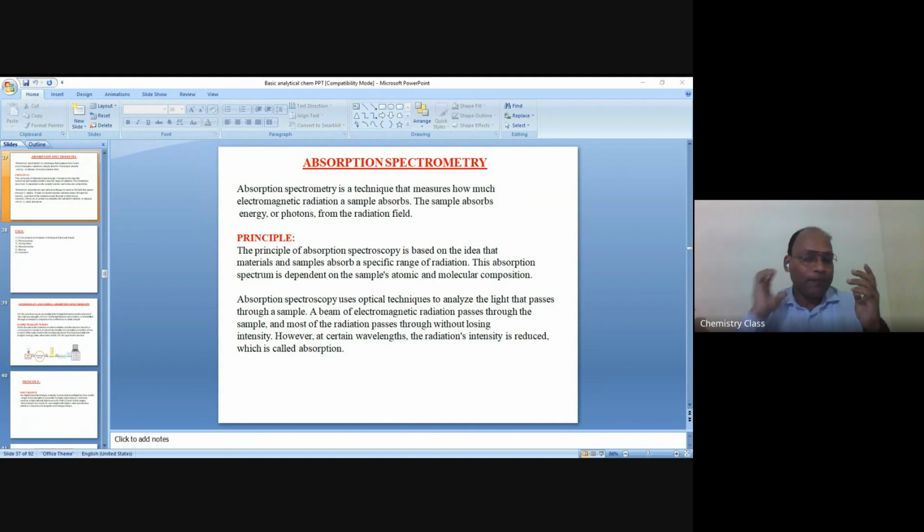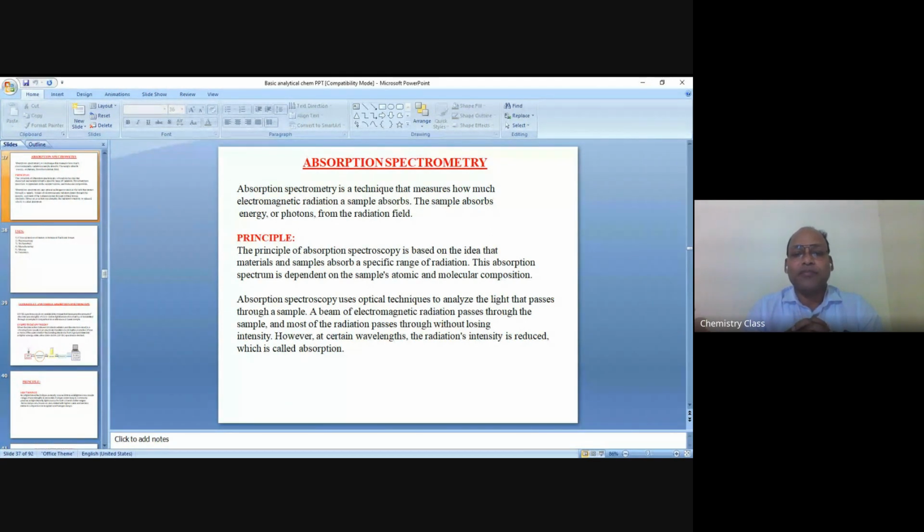Suppose we take one piece of sponge and dip it in water, it will absorb a quantity of water, and after that it can't absorb more water. It is like that. So a particular sample will absorb a particular amount of radiation of a particular wavelength. That is the work of absorption spectrometry, and this idea comes from that.